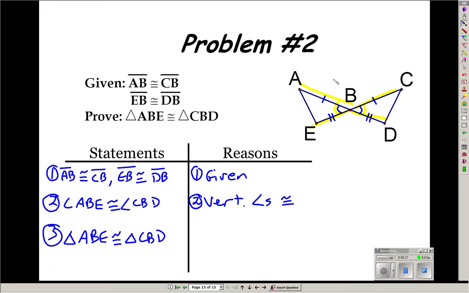Why? Because of side, angle, side. So write what you're given. Identify any additional information, the shared sides, the vertical angles, the segment bisectors. Once you have enough parts to say that the triangles are congruent, then say that they're congruent and give the reason.